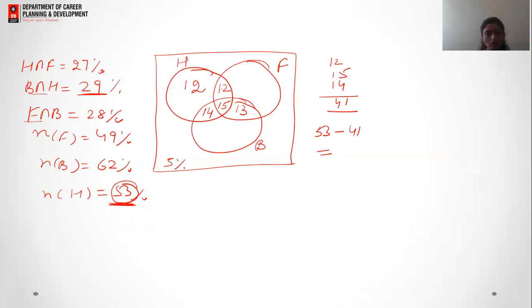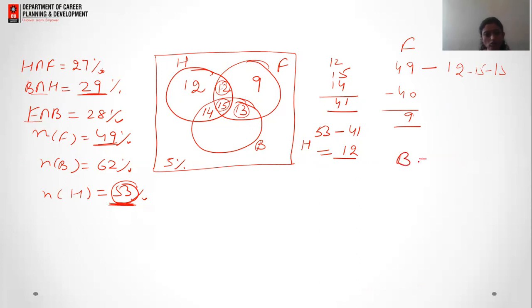Same with football. Total number of students who like football, 49%. Out of 49%, we have to subtract this 12, 15 and 13. So minus 12, 15 and 13, we are left with only 9. It means 9% students like only football. This is the only portion. Now we are left with basketball.